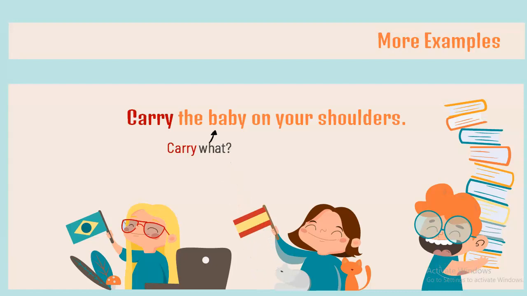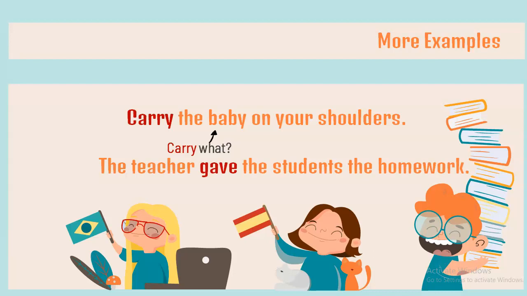The baby. So the baby is the direct object of the verb carry. In the second sentence, the teacher gave the students the homework. Gave is the verb and gave what? The homework. So, the homework is the direct object of the verb gave.